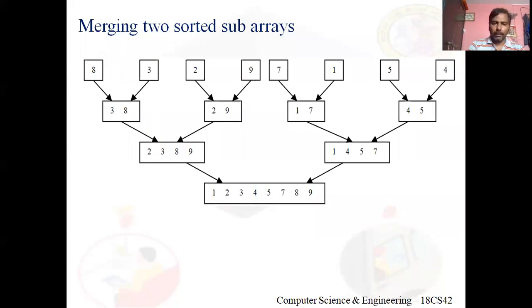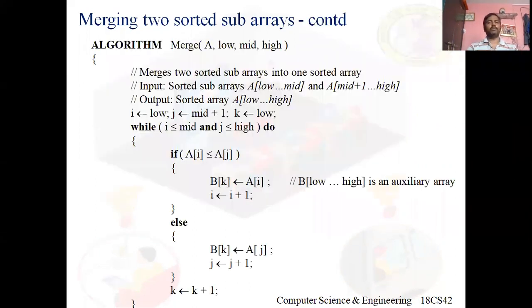When one of the subarrays becomes empty, the leftover elements of the other sorted array should be appended at the end of the final solution array. This concept should be implemented in the algorithm.